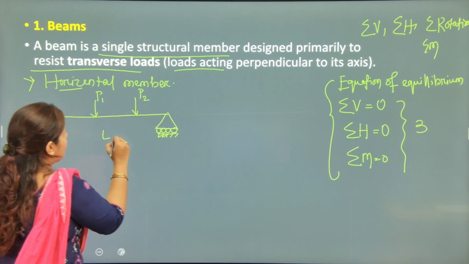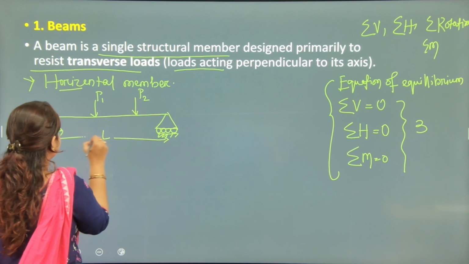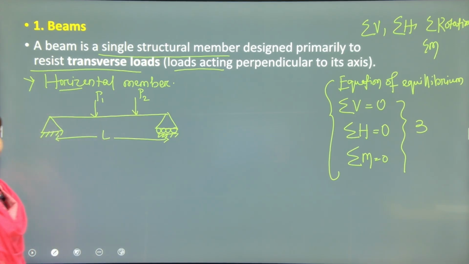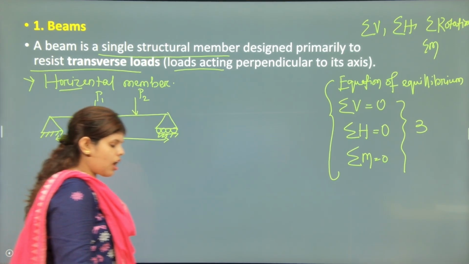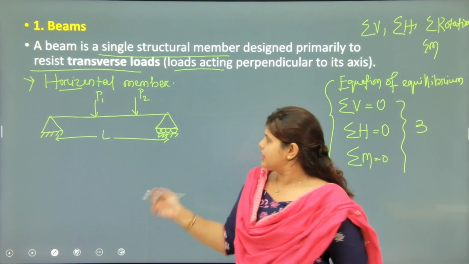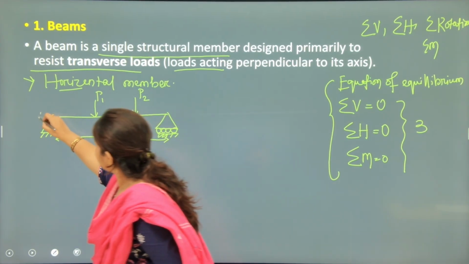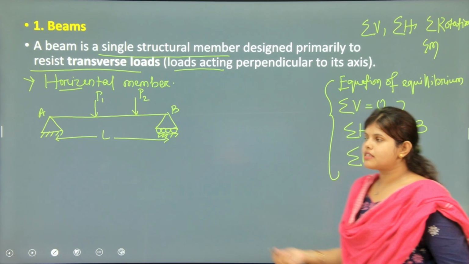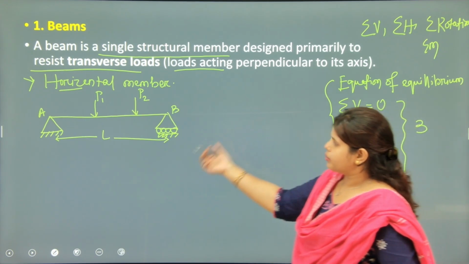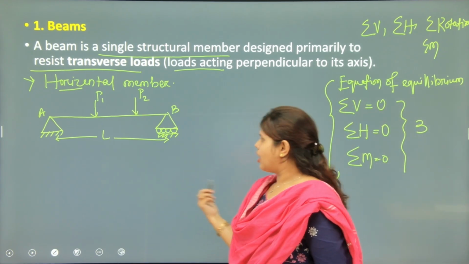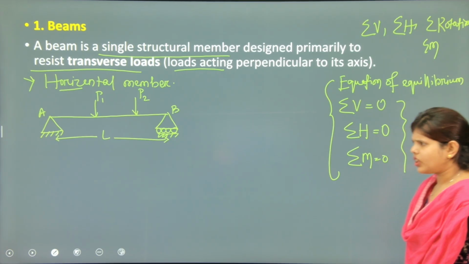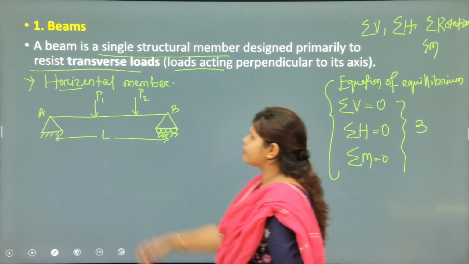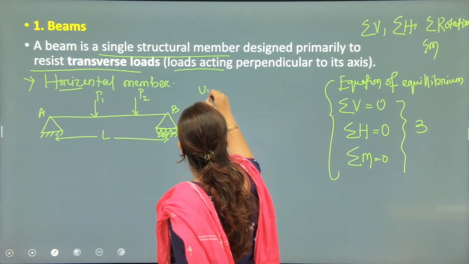Let the span be L. So now how can you know whether this beam, let this beam be A B, is statically determinate or indeterminate? How to know that? We know that we will first calculate the unknowns.